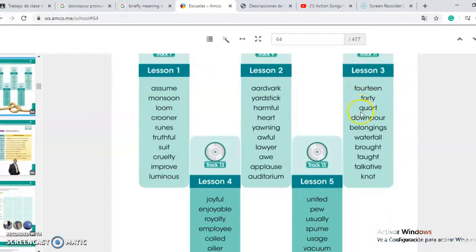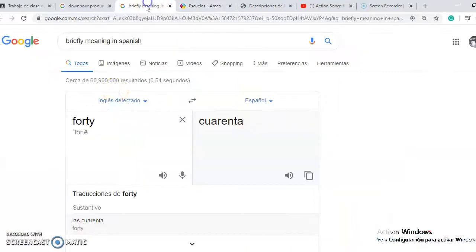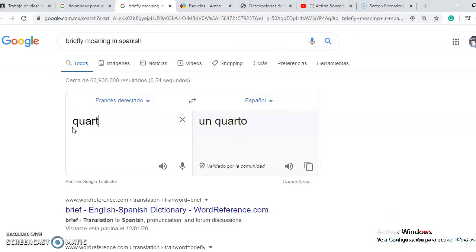Then we have another word already. What is the next one? Quart. Let's see. We're going to write the word here, and we have the meaning. Quart.